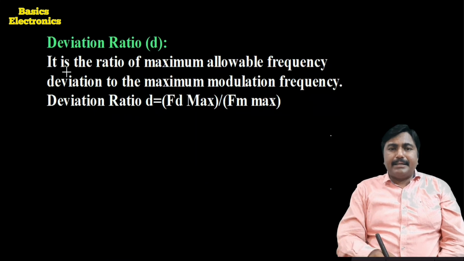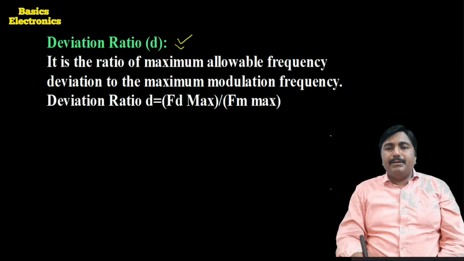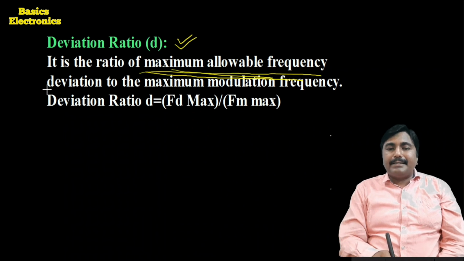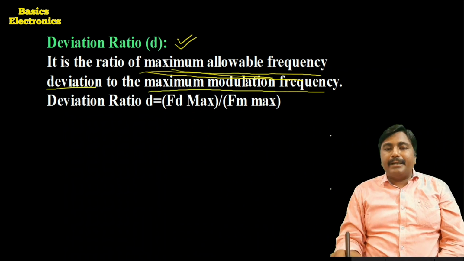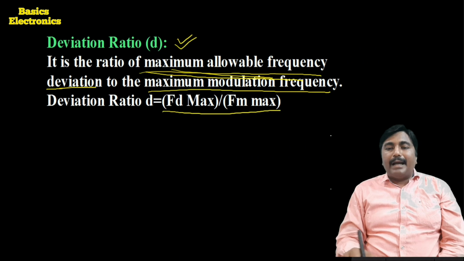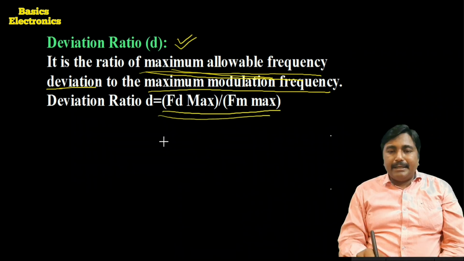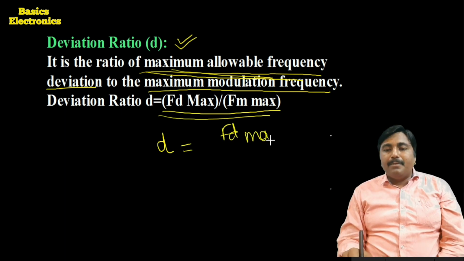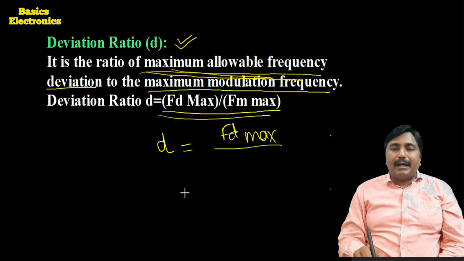The next definition is the deviation ratio. The deviation ratio D is the ratio of the maximum allowable frequency deviation Fd to the maximum modulating frequency Fm.